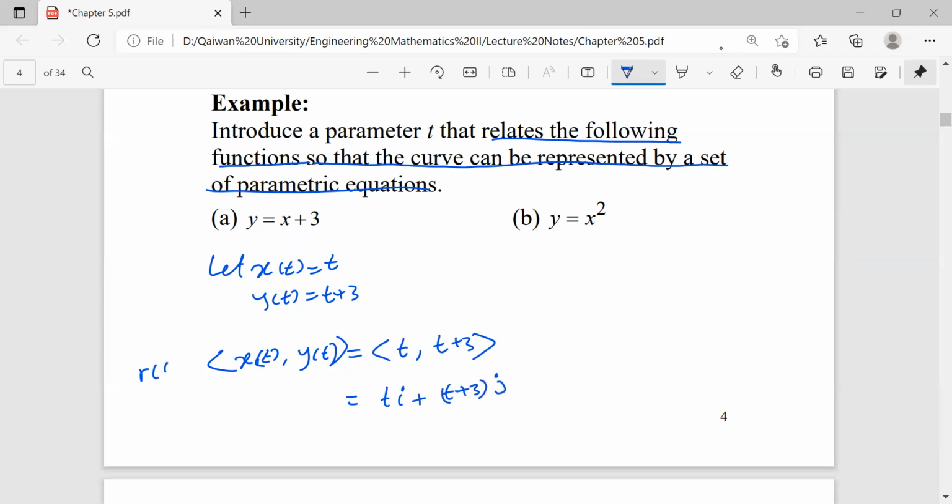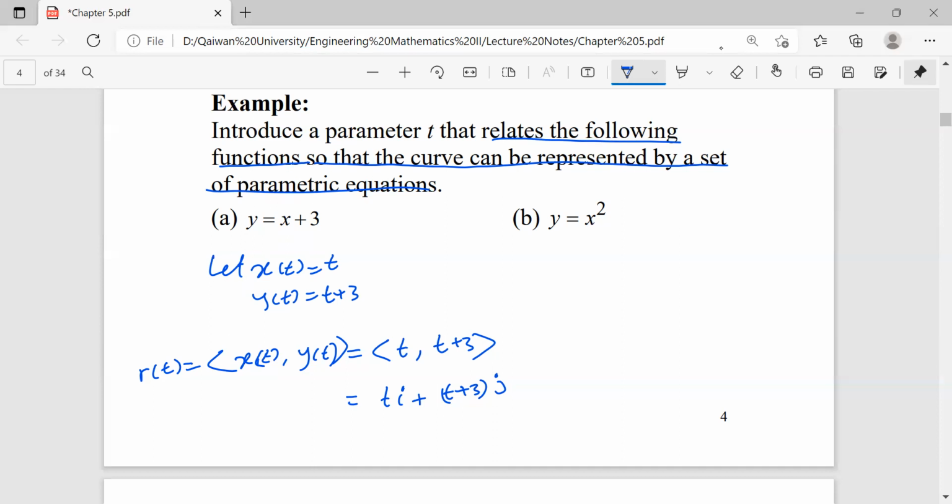This is r of t equals this. r of t equals x of t and y of t as the components of the vector. Then you multiply the first component by i and the second component by j. But be careful, the first component must be x and the second must be y.